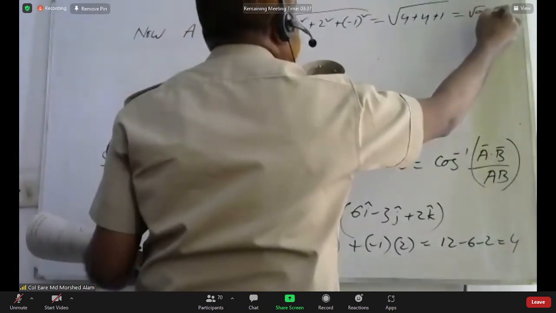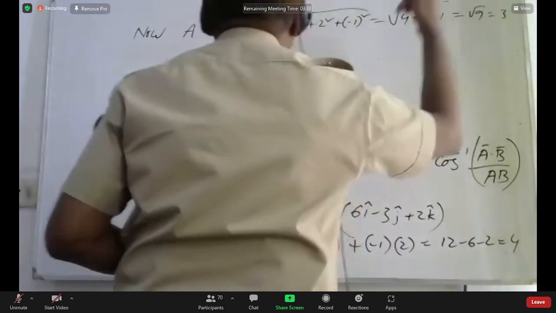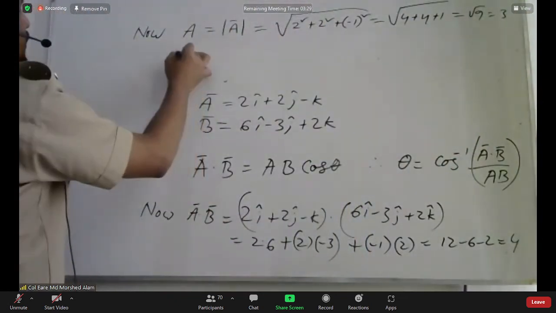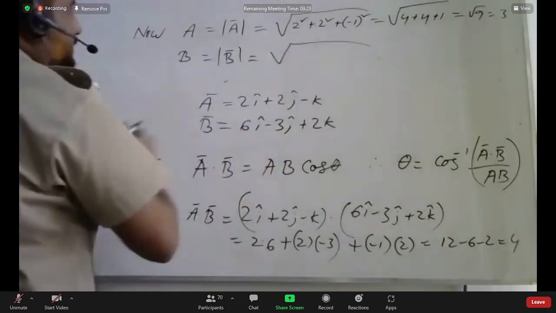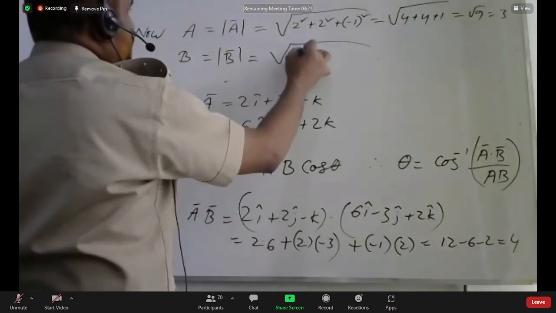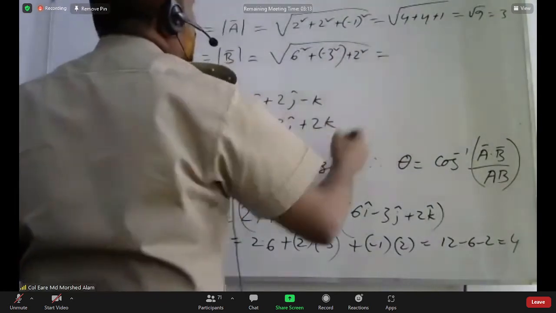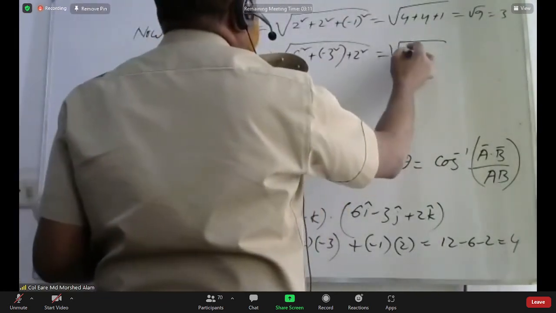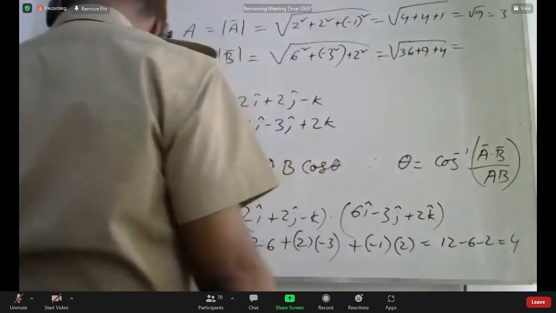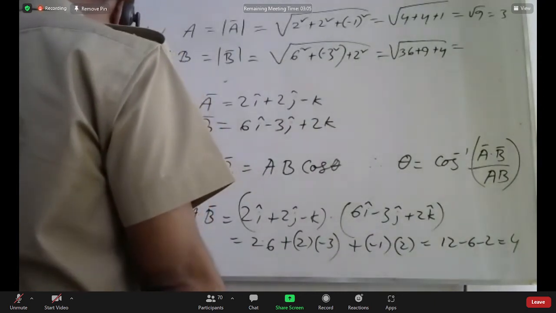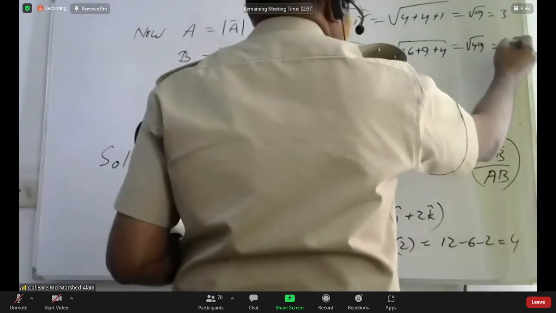Root over 9 is equal to 3. Clear? And the magnitude of B is root over 6 square plus minus 3 square plus 2 square. This is 36 plus 9 plus 4, equal to 49. Root over 49 is equal to 7.